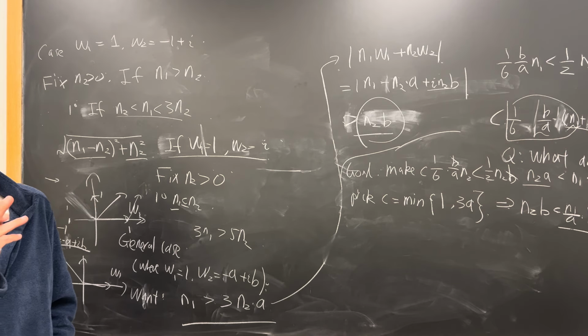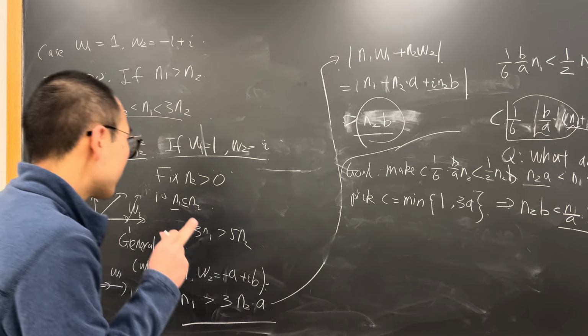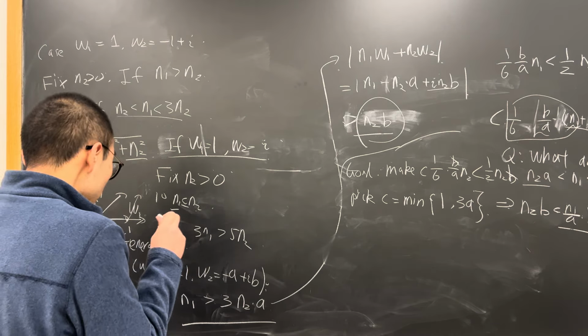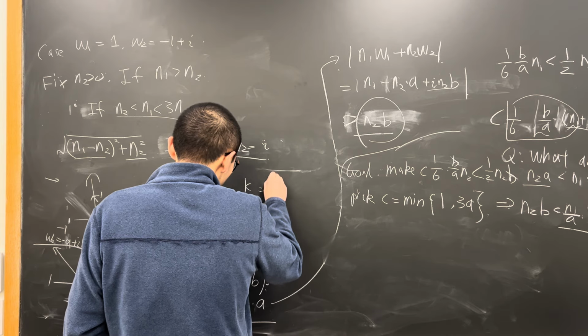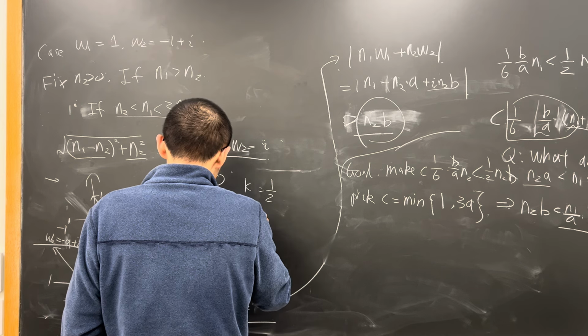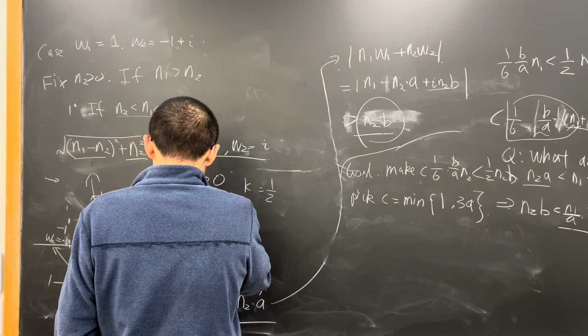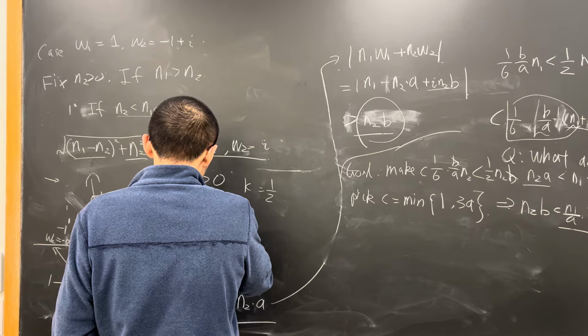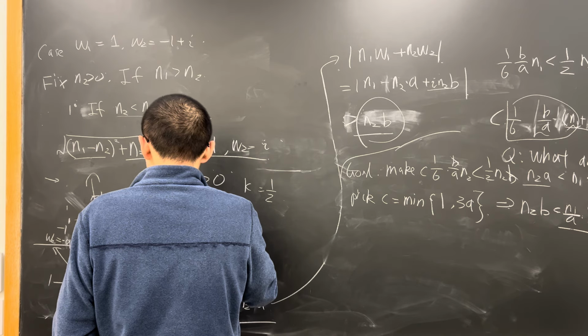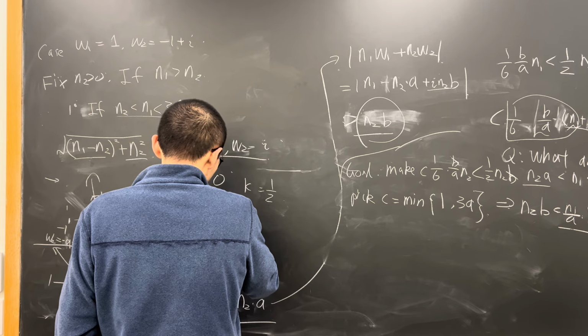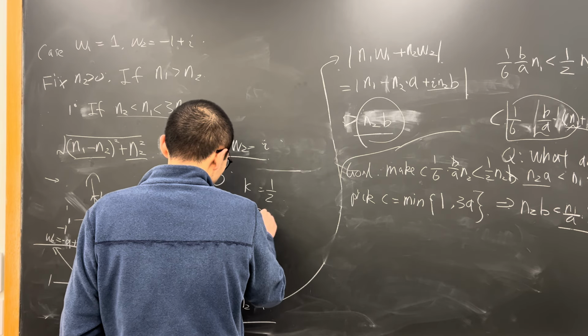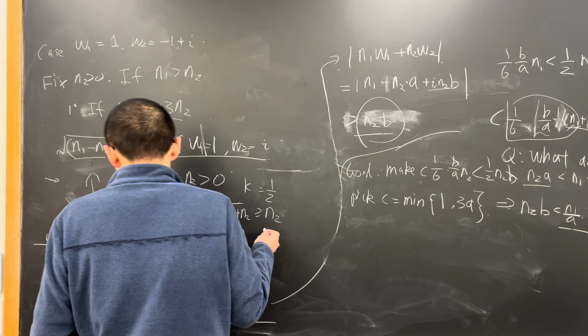So we just pick the constant to be 1/2. Why? Because if you take the square root of n1 squared plus n2 squared, this is bigger than or equal to n2.